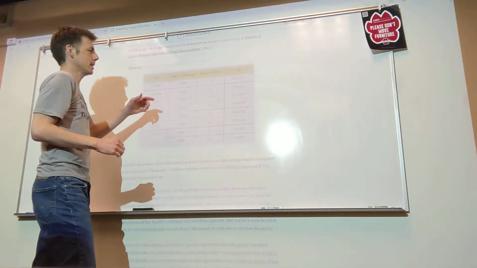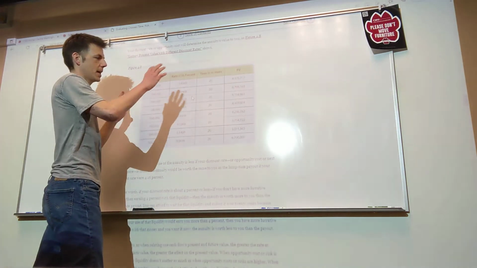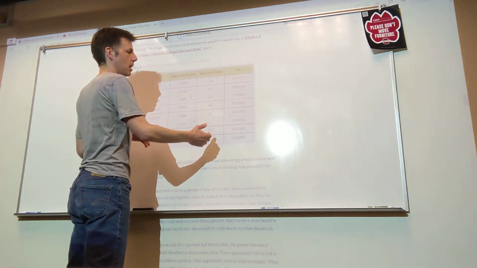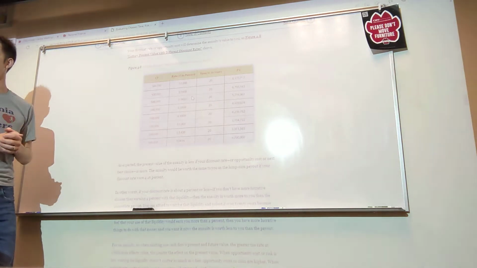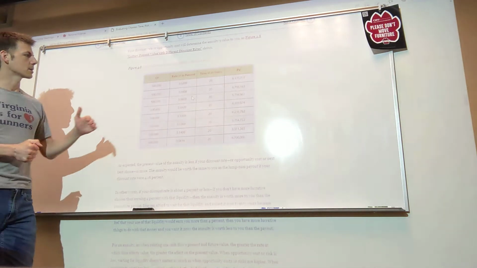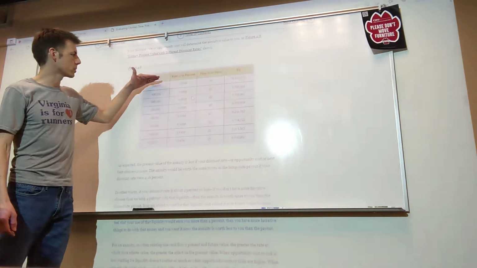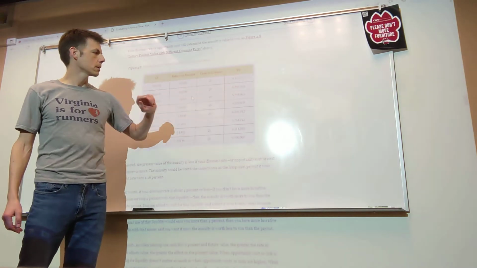Now, as your discount rate rises, the present value of that $10 million over 20 years starts to go down. Money today becomes more valuable relative to money in the future. And so you see, as the interest rate rises, the present value of those 20 years of payments goes down.